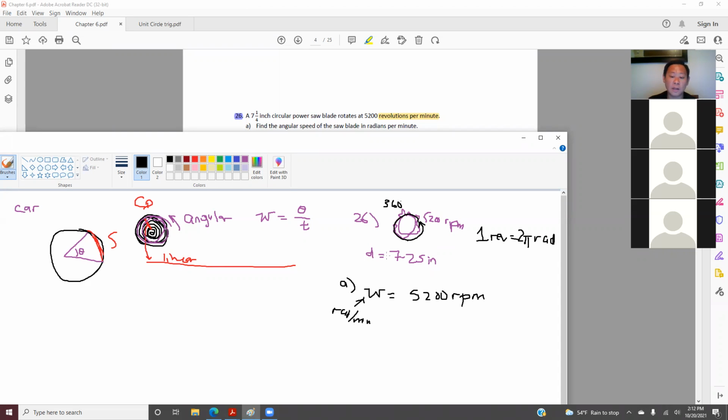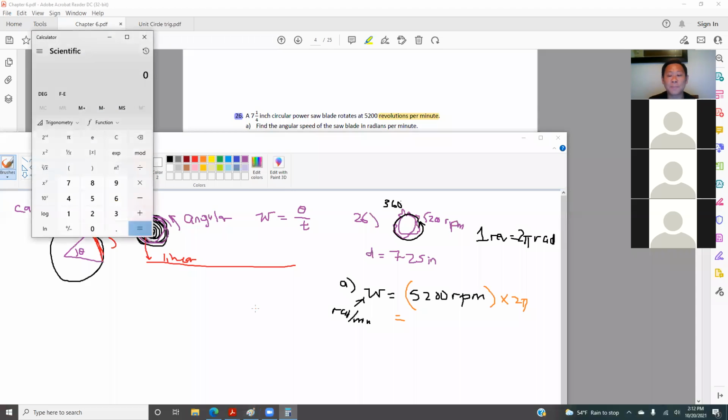So what you do here is if you want to convert RPM to radians per minute, you just take this and multiply by 2 pi, because every revolution is 2 pi. If it spins 5,200 times, you multiply it by 2 pi. Usually we just leave this as pi, so you take 5,200 times 2.